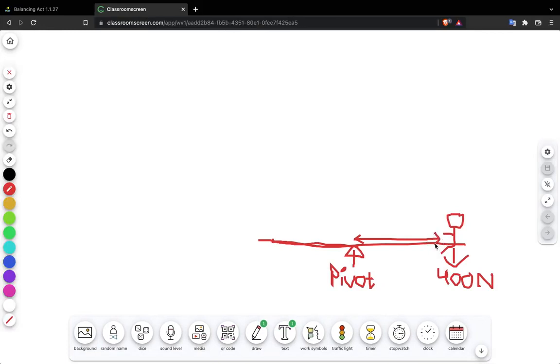Let's just say this is approximately 2 meters, and also this is perpendicular. As you can see, there's a right angle, 90 degrees. So that means it is perpendicular, and the distance from the pivot. So the distance from this guy to the pivot, which is this.